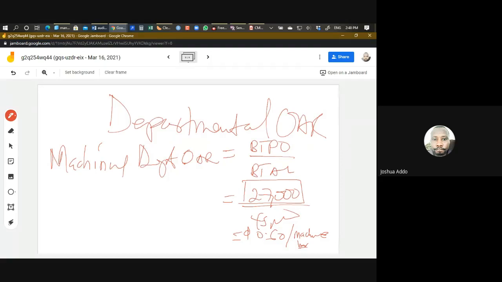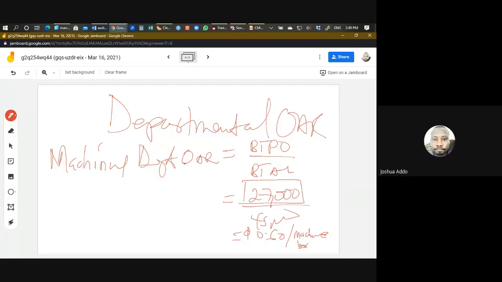Every machine hour, we charge you 60 pesos. So when you multiply this 0.6 by the total machine hours, it is equivalent to the 27,000. That is how we are sharing the 27,000 in chunks of 60 pesos for every machine hour. You have to get this practical understanding, very important.